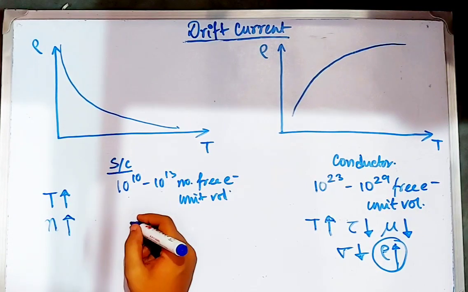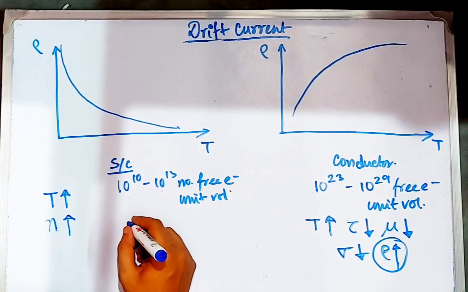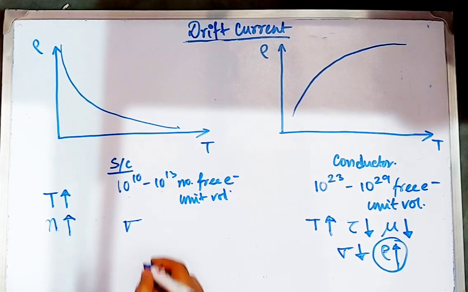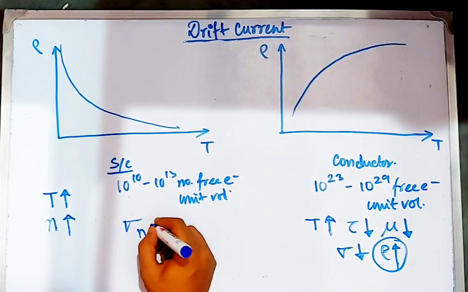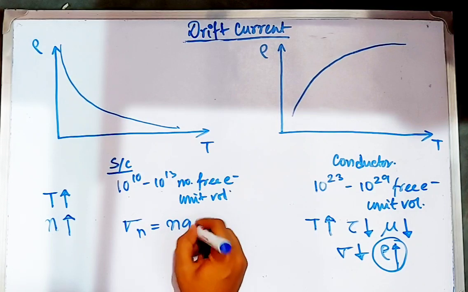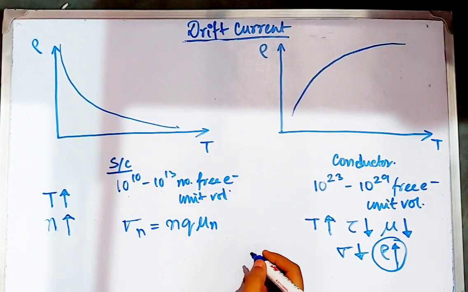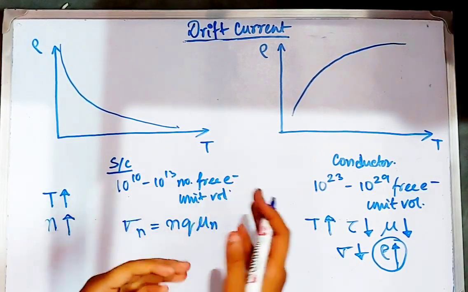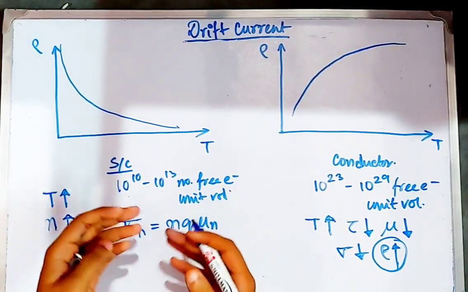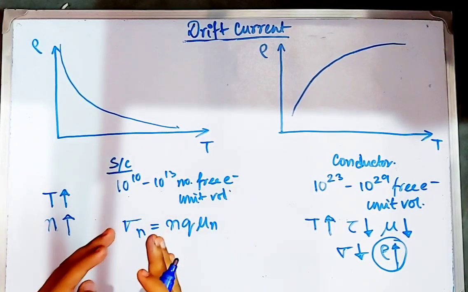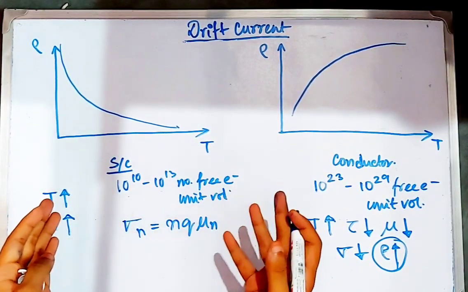And we know that for the n-type semiconductor, the conductivity is n q mu n. As there are fewer free electrons present within the semiconductor, we are not bothered about the effect of temperature on the mobility.